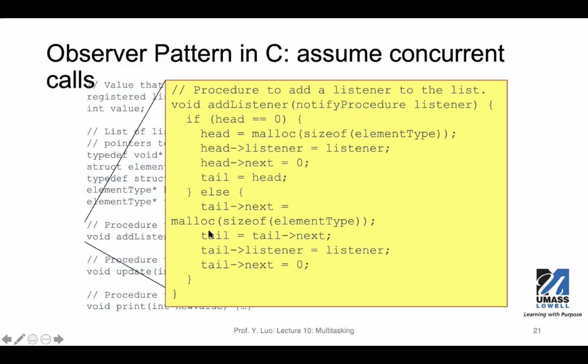I hope I can have a better picture to visualize this, but I hope you can follow what I just described. It's because this tail and this head variable are shared by these multiple threads. So if at any point these sequences are interrupted or interleaved between these different threads, these pointers will be incorrectly assigned or initialized.